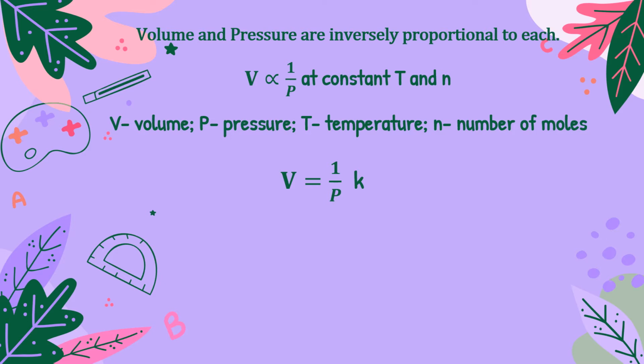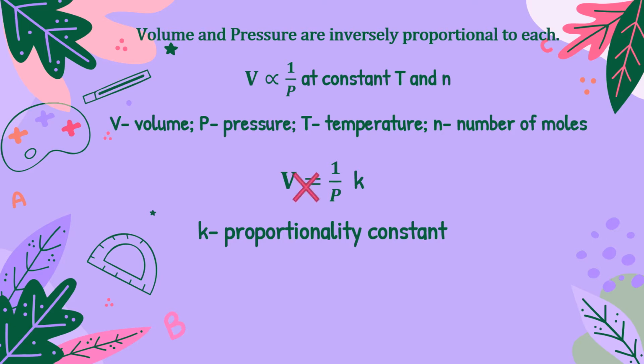So volume and pressure are always inversely proportional to each other. To indicate the proportionality constant, we will add the symbol of small letter k.